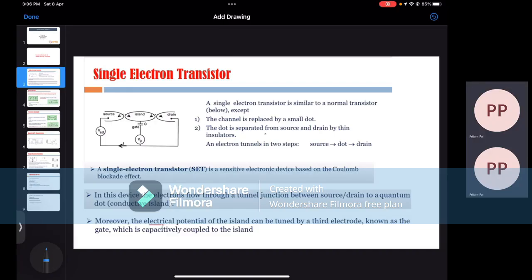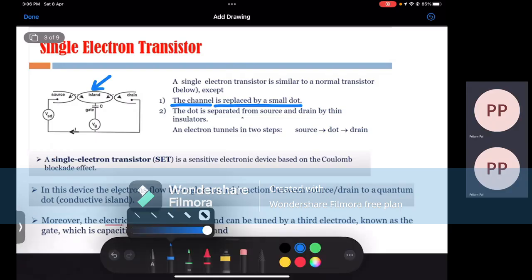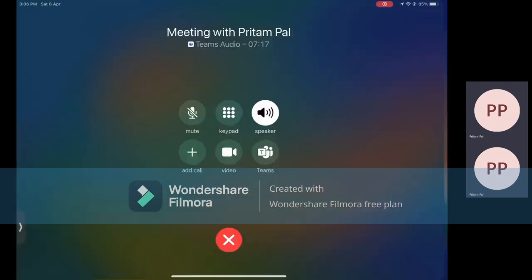This channel is replaced by a small dot. Okay, so that you can see here. This island that you can see, I'll rather decrease the width of this pointer. That will be better for understanding, I think.